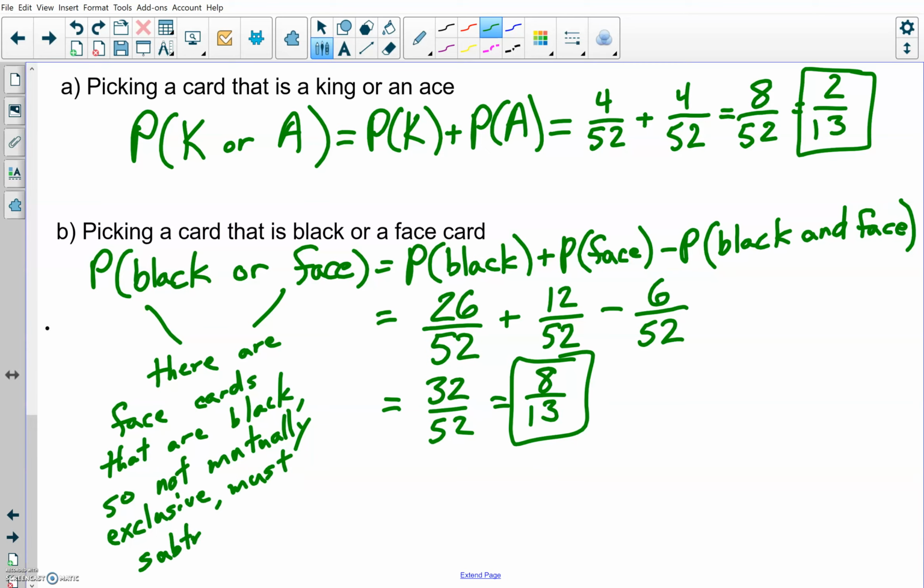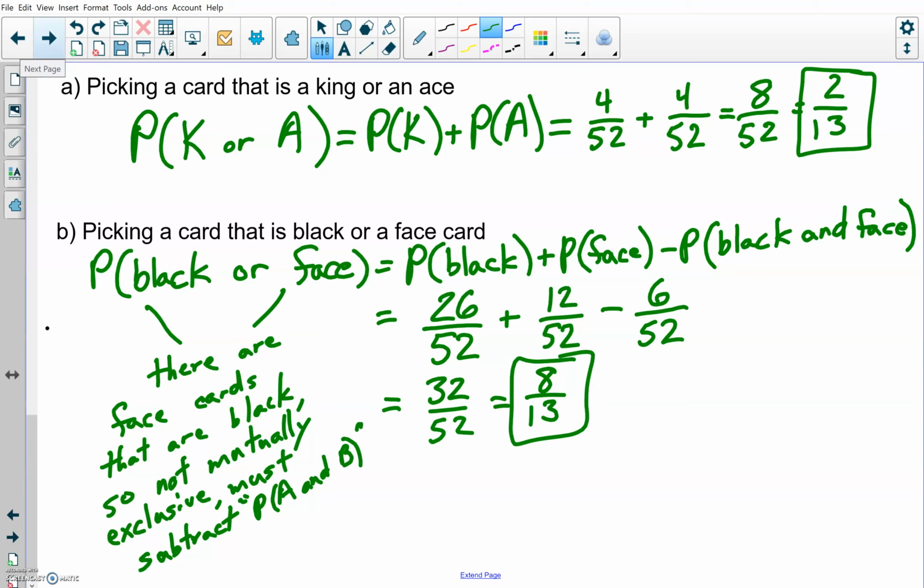Just want to make sure that you're thinking about this. You have to subtract that probability of A and B, as in the form. In this case, it was black and face.